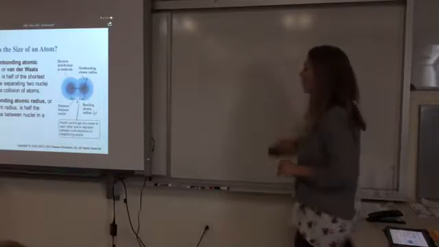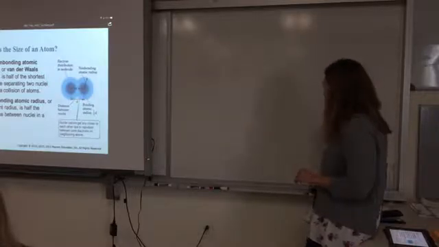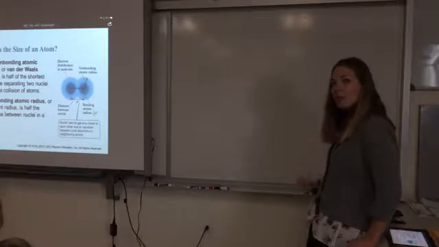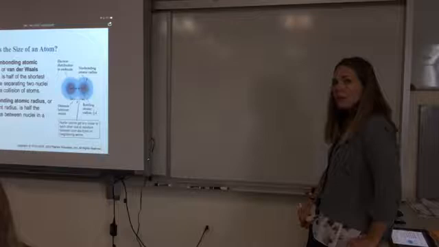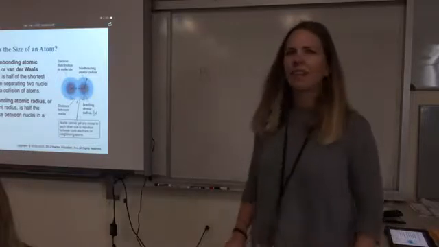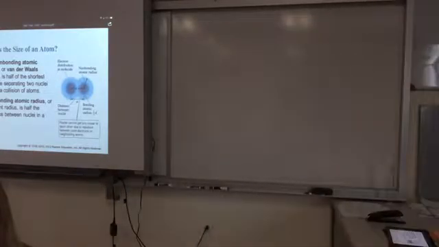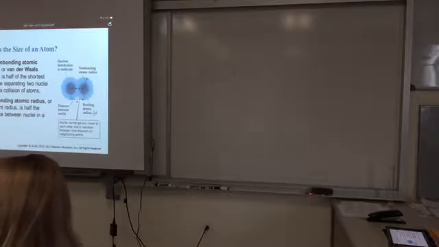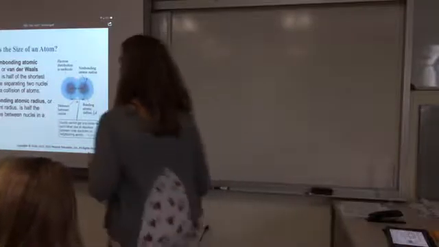Which two, narrow it down. Two of them are going to be smaller and two of them are going to be bigger. How are you going to narrow that down in terms of bigger and smaller? Yeah, which period they're in.